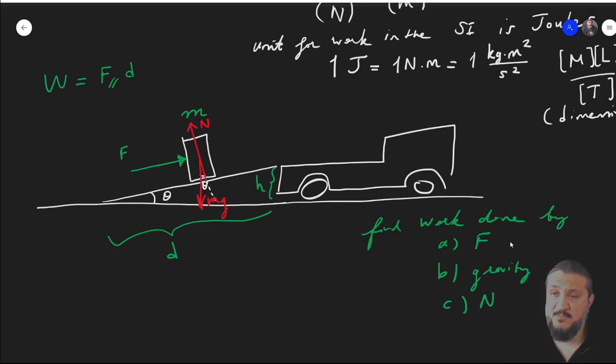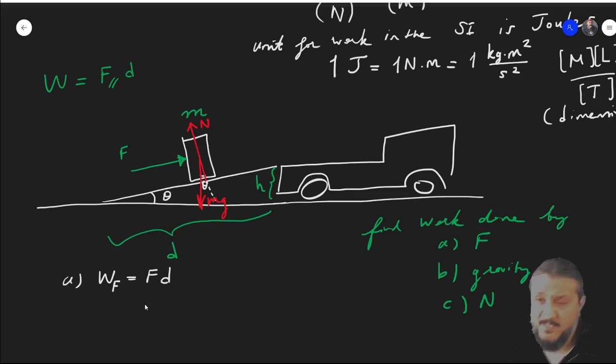So the work done by F will be equal to F times D. Okay, it's not F equals FD. Work done by F. Let's write properly. WF, that means work done by U is equal to F times D. Okay, this was easy. What about work done by gravity?